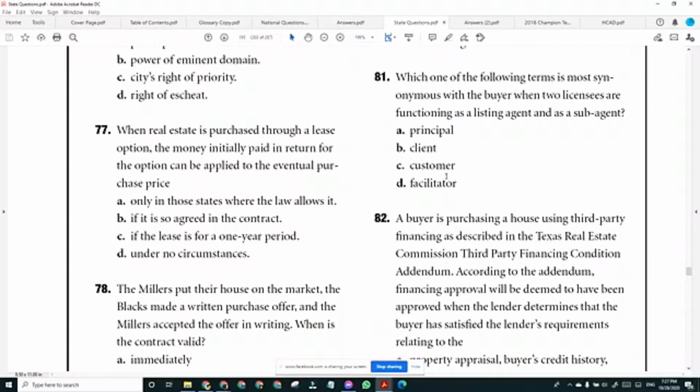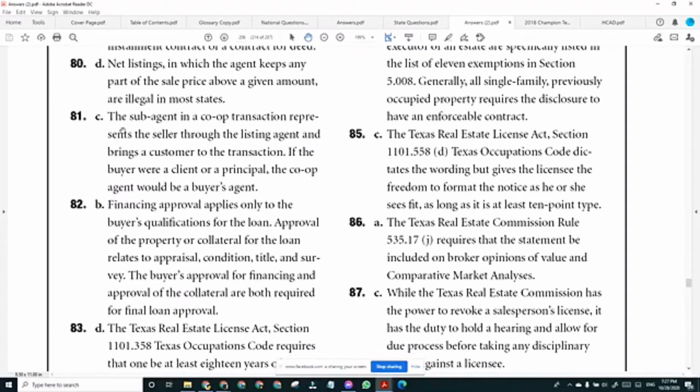They're working with a customer, with a buyer that did not want to sign a buyer's rep agreement. So the sub-agent in a co-op transaction represents the seller, through the listing agent, and brings a customer to the transaction.